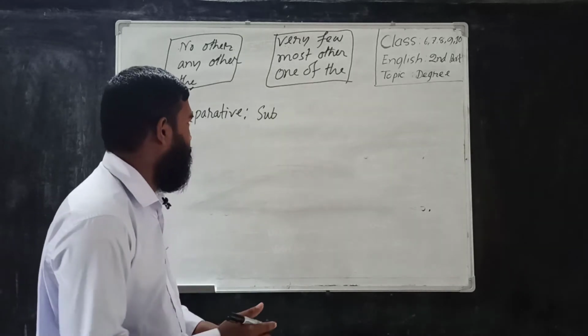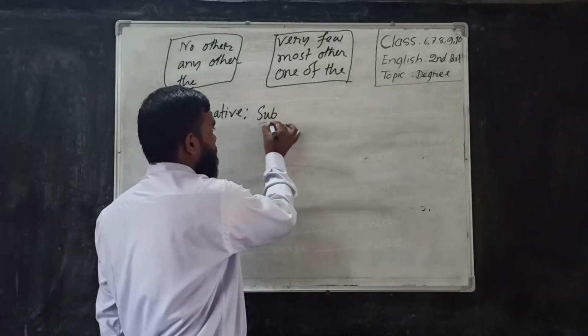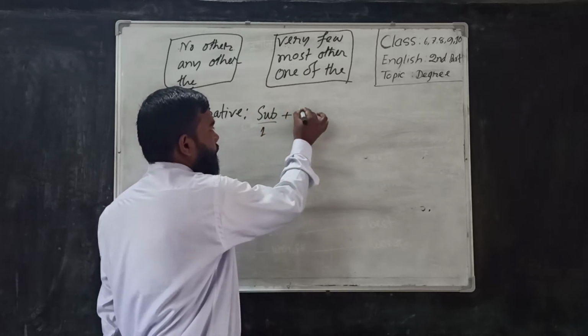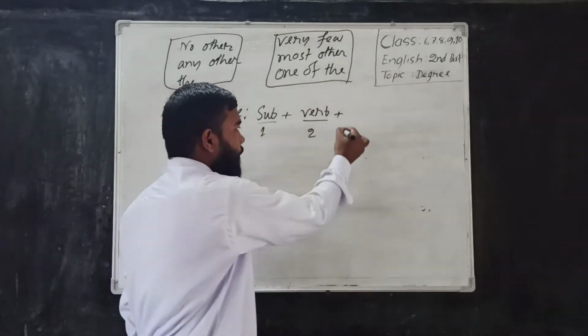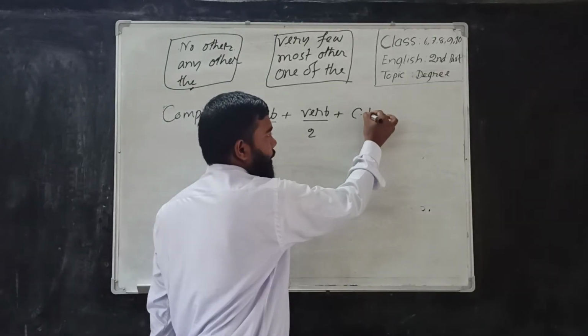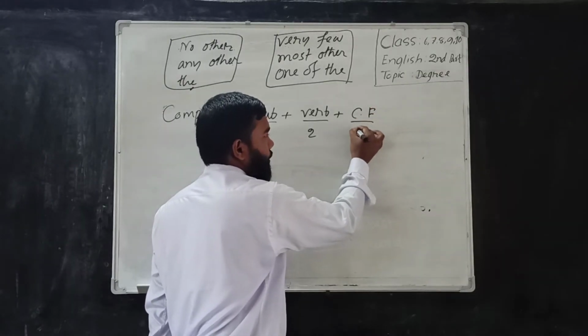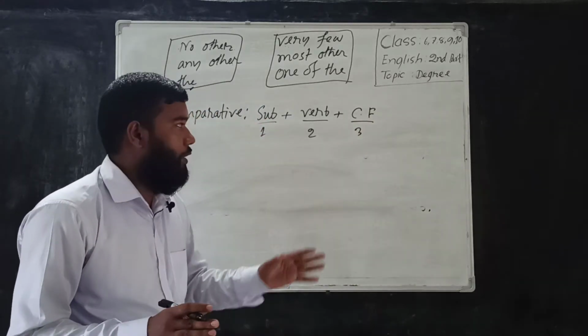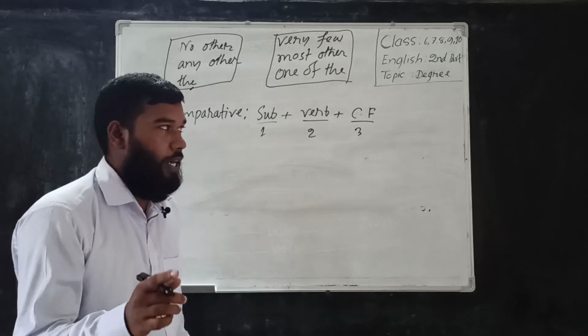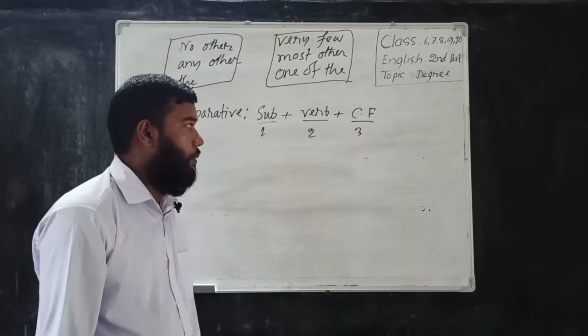Okay, remember it. Second step, verb. Third step, CF. Can you guess what CF means? C means comparative, F means form, comparative form of the adjective.